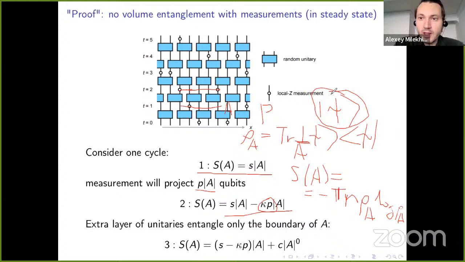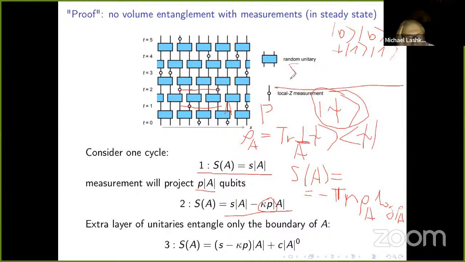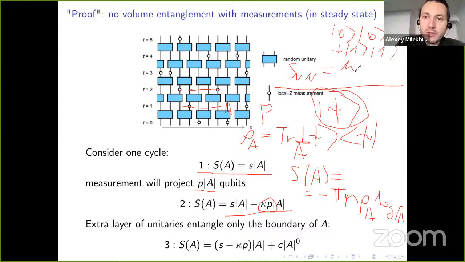So for example, if you take a Bell state or EPR state, for the sake of not writing too much on the screen, I'm omitting normalization. For one of the qubits, the von Neumann entropy will be log 2.